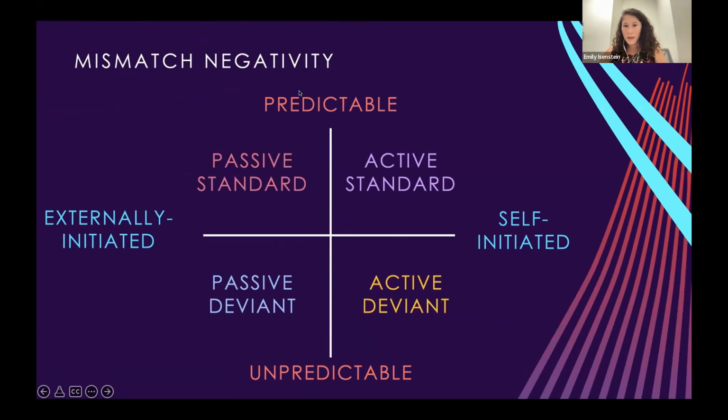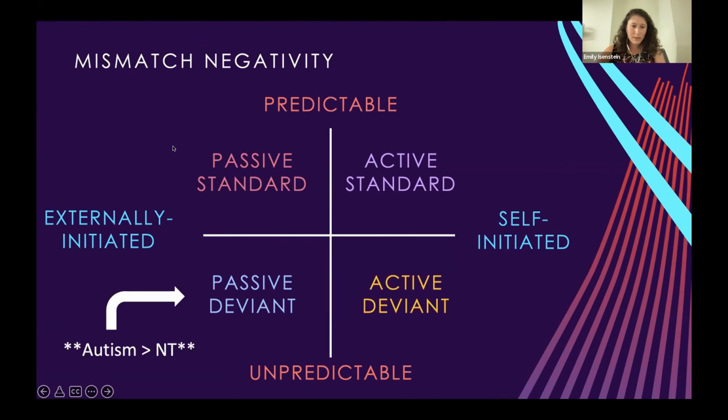So using the mismatch negativity layered on this EEG experiment, we're able to put together this 2x2 chart of things that are predictable and unpredictable, and things that are externally initiated and self-initiated, to really understand the role of predictability and also the role of volition in touch, and whether having something be active versus passive affects how the brain processes it.